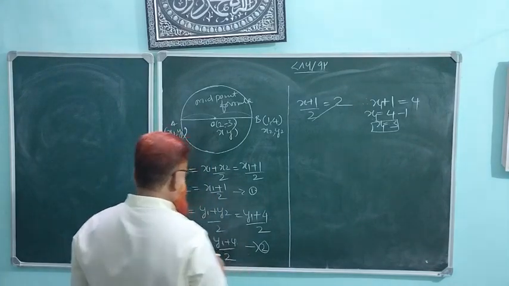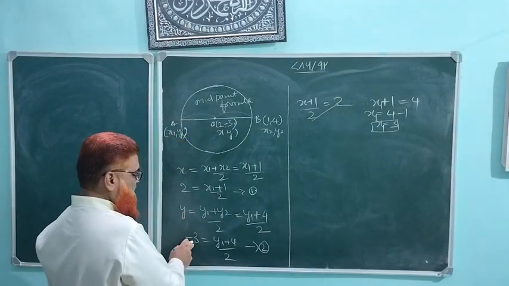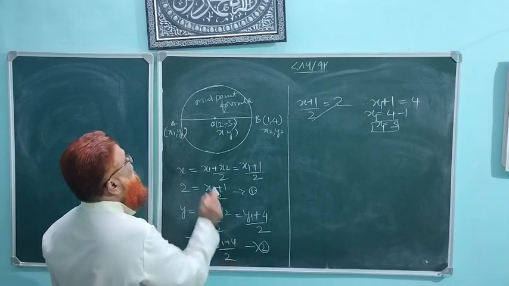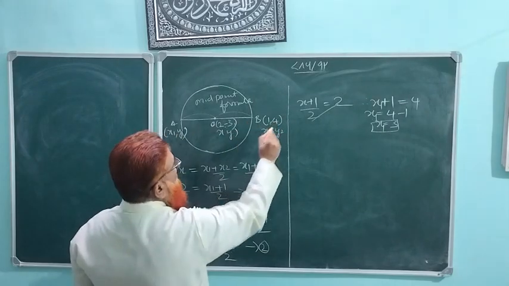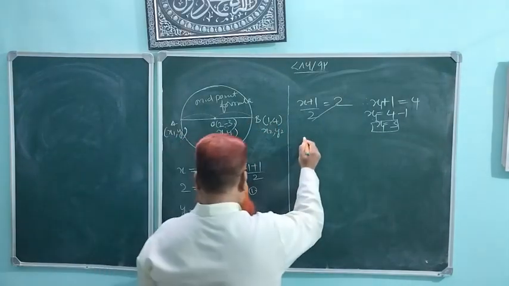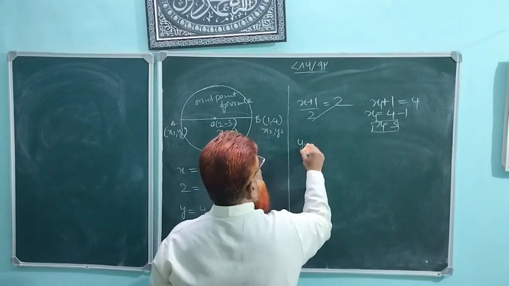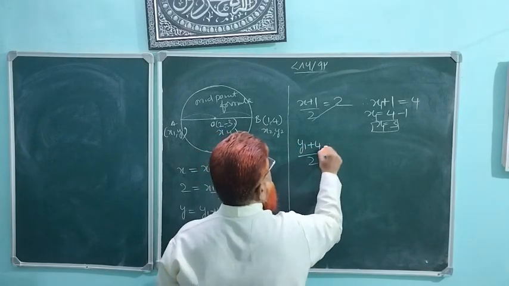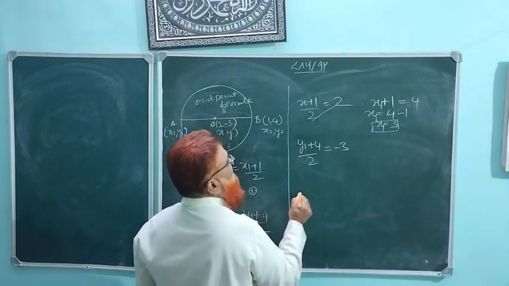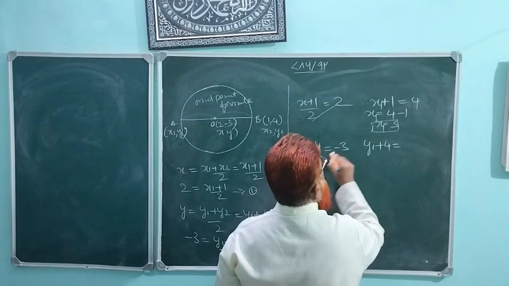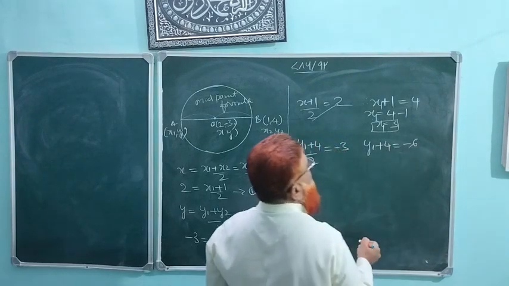Now similarly, come to this one. Minus 3 is equal to y1 plus 4 by 2. Then y1 plus 4 is equal to 2 times minus 3, which is minus 6.